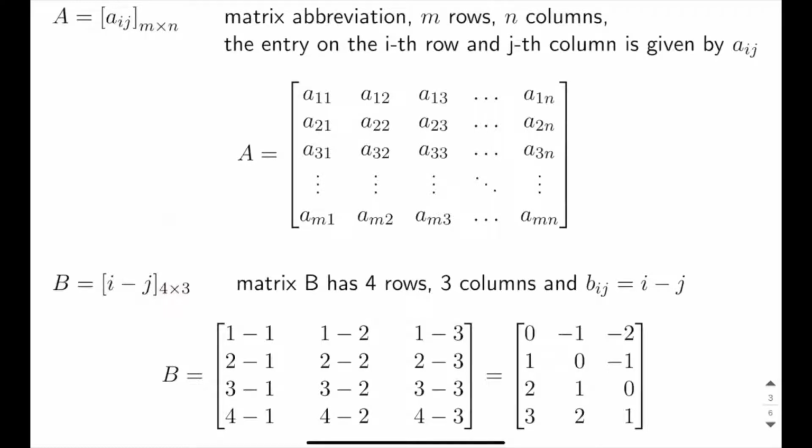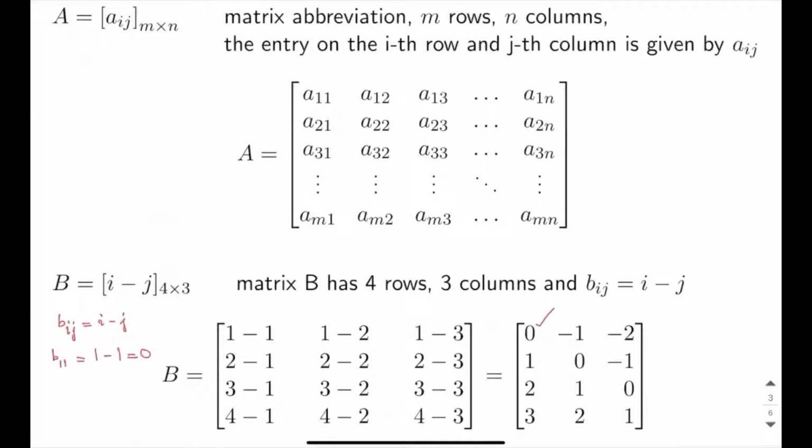For example, bij is equal to i minus j. So if you want to compute b11, it's going to be 1 minus 1, and that is going to be 0. So you get 0 here.